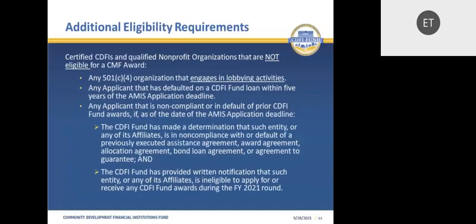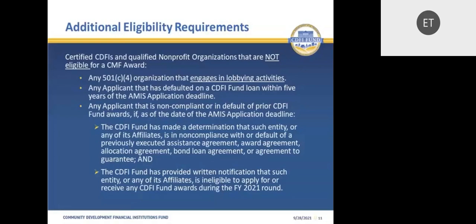Okay, so there are some additional eligibility requirements that you should be aware of. Certified CDFIs and qualified nonprofit organizations that are not eligible for a CMF award include any 501c4 organizations that engage in lobbying activities. So you can be a 501c4 as long as you don't engage in lobbying activities. If you do engage in lobbying activities and you're a 501c4, you're not eligible to apply for this round.